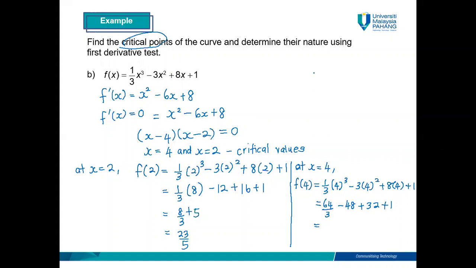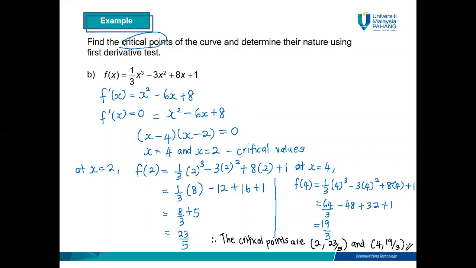So the answer is 19 over 3. Therefore, the critical points are 2, 23 over 3 and 4, 19 over 3.